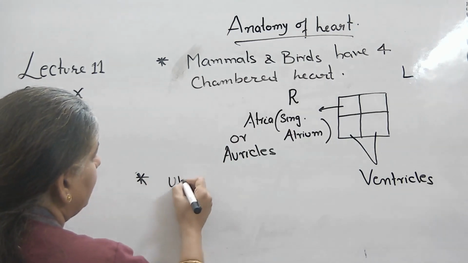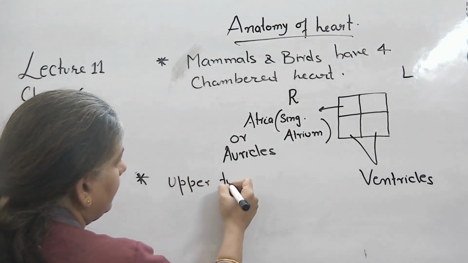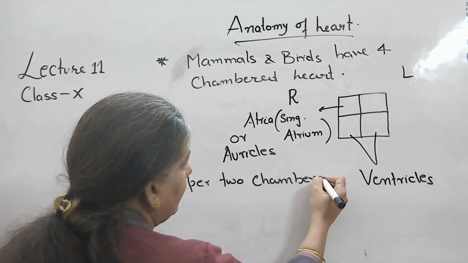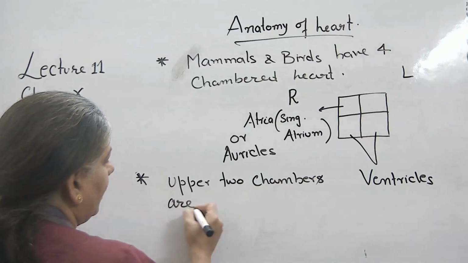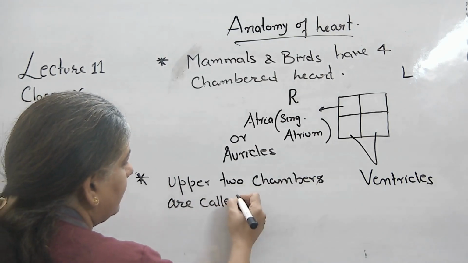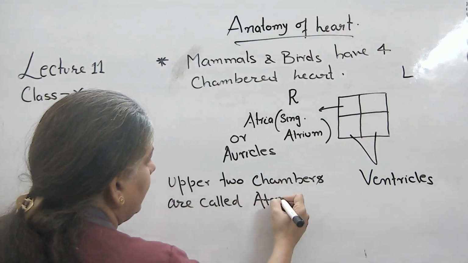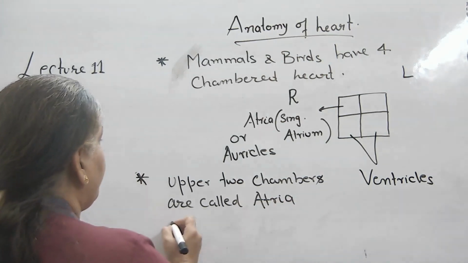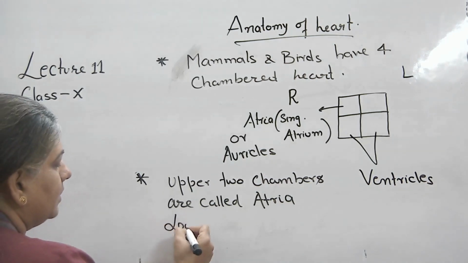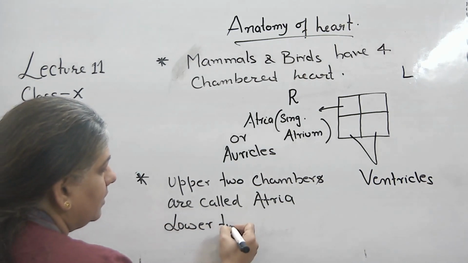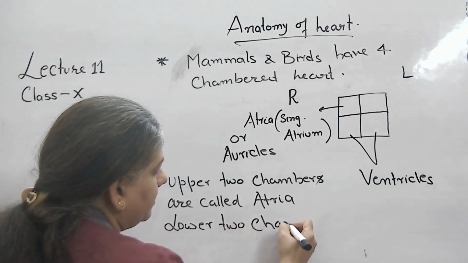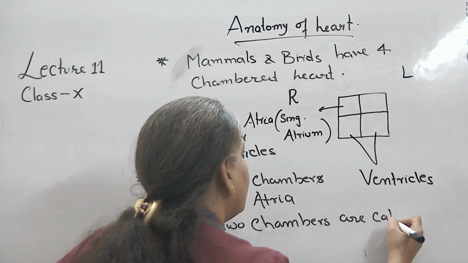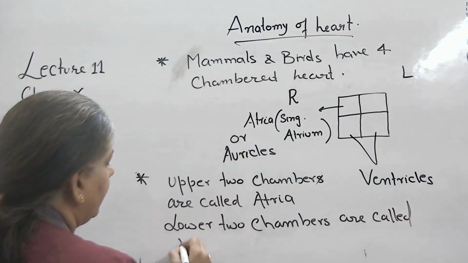Upper 2 chambers are called atria. Atria is plural, atrium is singular. And lower 2 chambers are called ventricles.